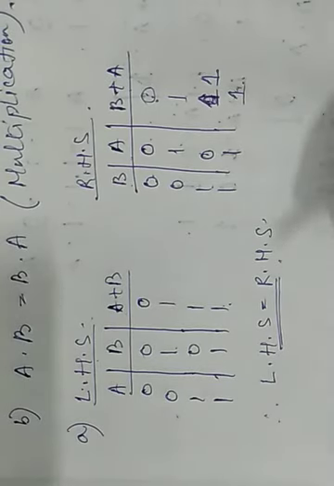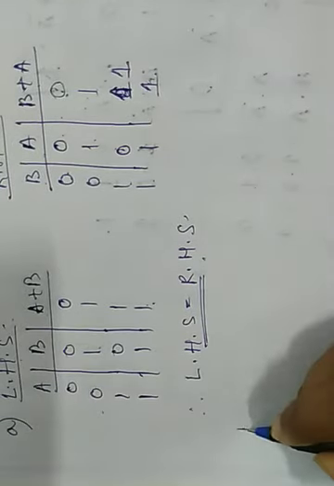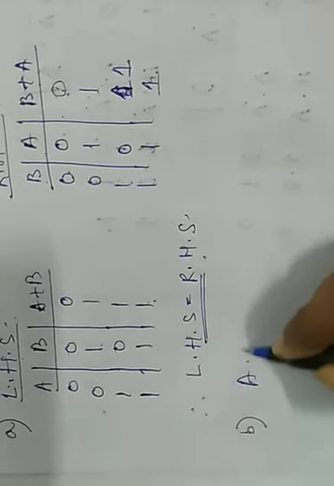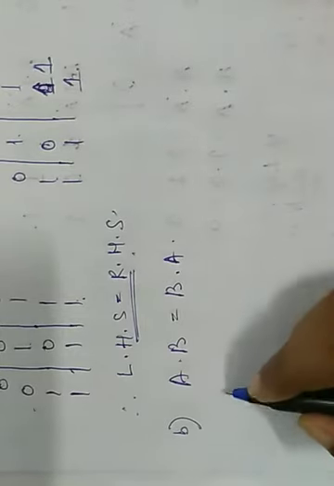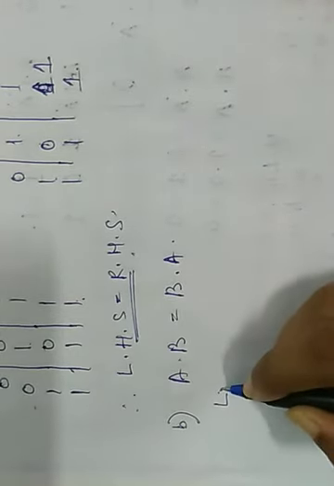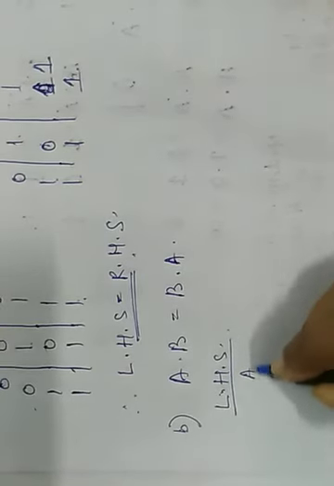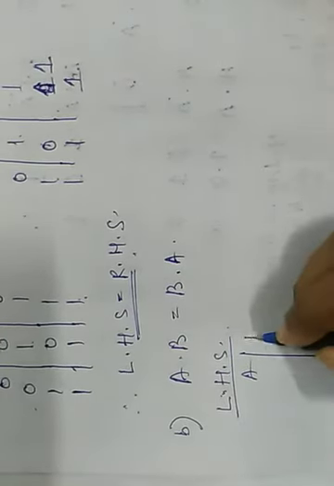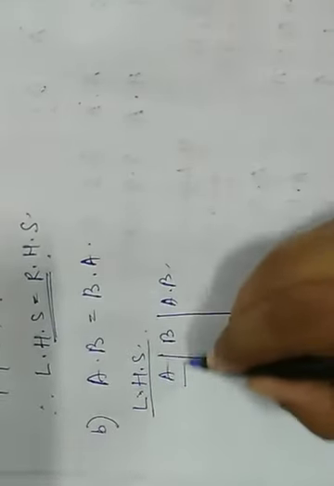Proof of commutative property. Okay, now our second commutative law is a dot b equals b dot a. So a dot b means, for the left hand side, a, b, a dot b.